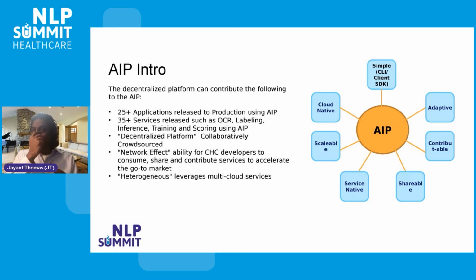We also built a labeling platform and many different types of inference services, like real-time inference, batch inference services, and other types of services as well. We also have built conversational AI services on top of it, so you can build any conversational AI applications using this AIP as well.